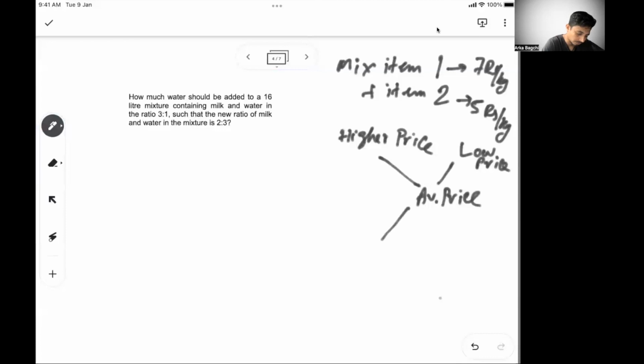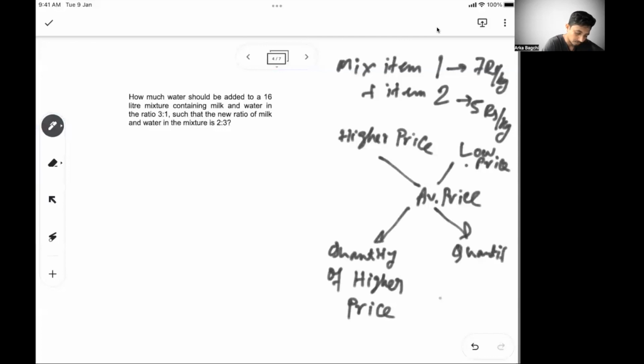If you do the lower price minus the average price, you get the quantity of the higher price. And if you subtract the average price from the higher price, you get the quantity of the lower price. So basically, how much of the lower price item should be used and how much of the higher price item should be used, that ratio. Don't think you get the absolute value.